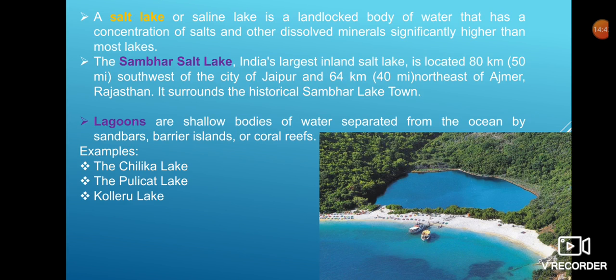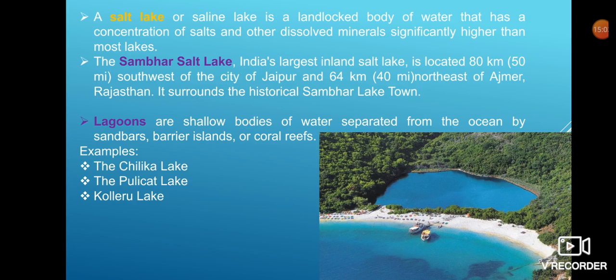It is located 80 kilometers (50 miles) south of the city of Jaipur and 64 kilometers northeast of Ajmer, Rajasthan. It surrounds the historical Sambar Lake town.